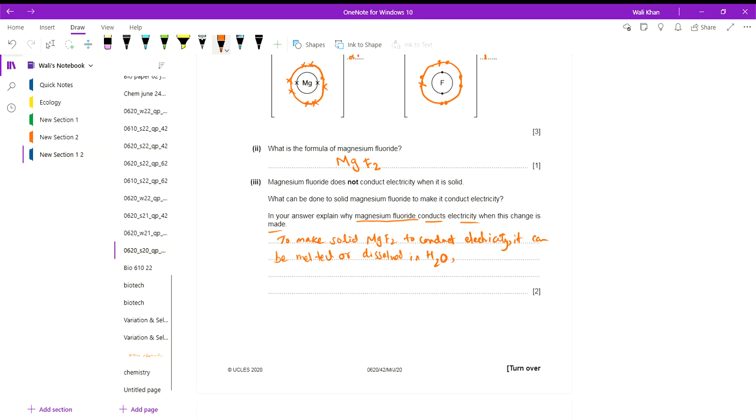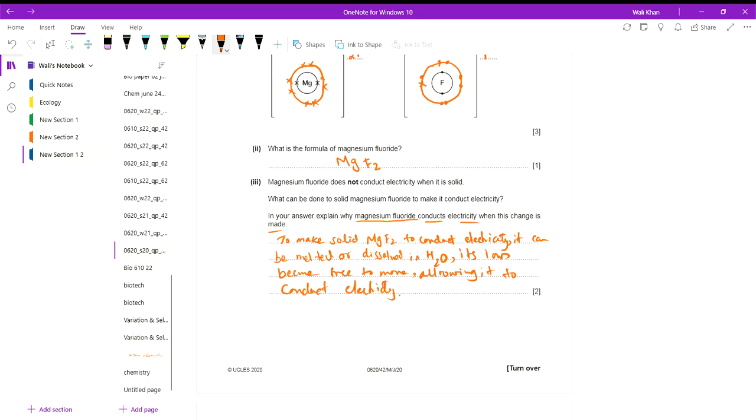Its ions. So when we dissolve it in water, its ions become free to move, allowing it to conduct.